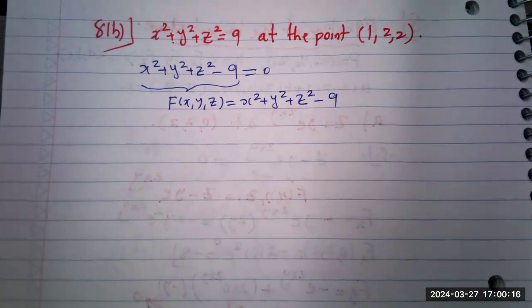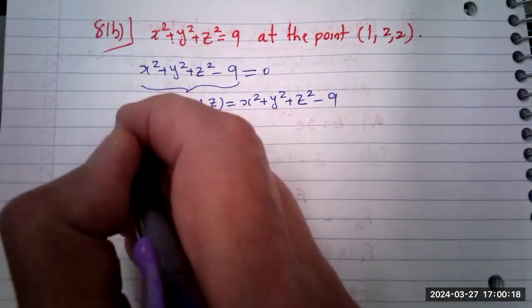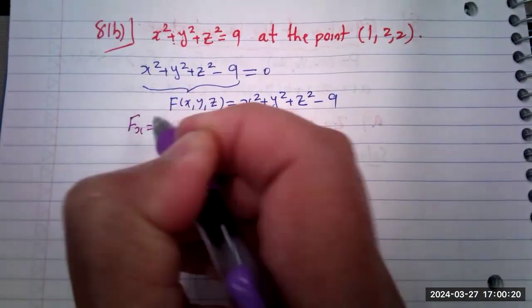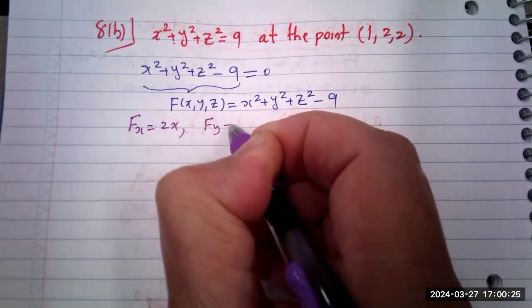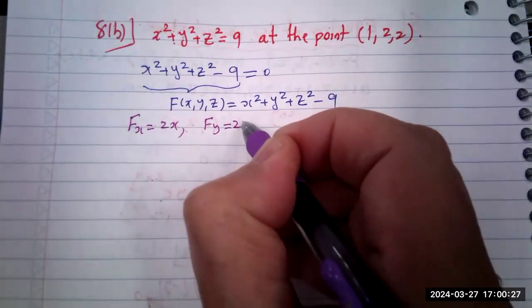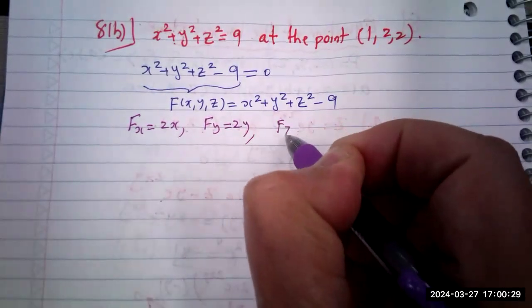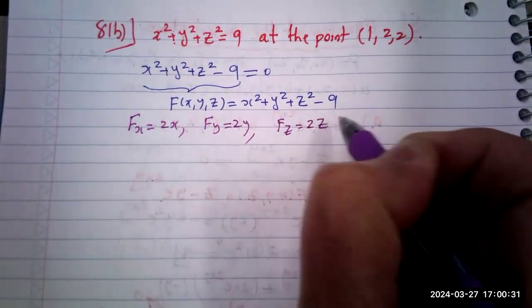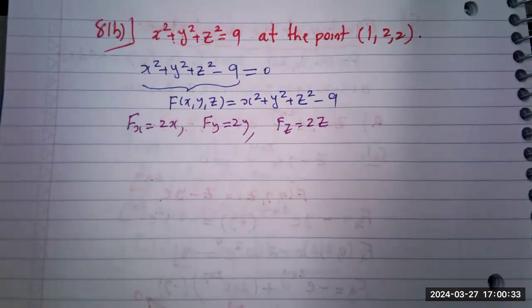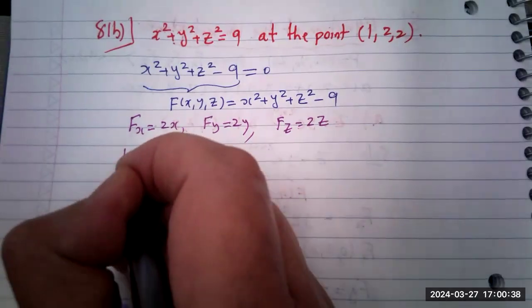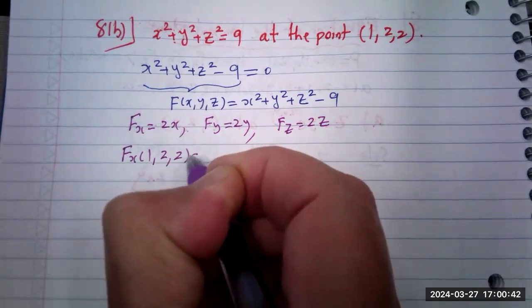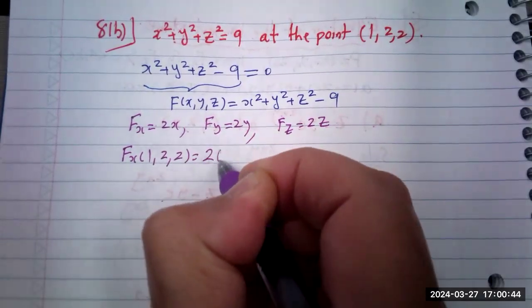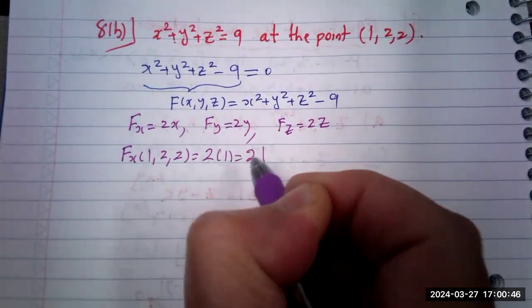Find the partials and evaluate. That's easy because the partial with respect to x would be simply 2x. This is easy. Let's do them at the same time. It's 2y, and f sub z is 2z. Quickly evaluate it at the given point, (1, 2, 2). So f sub x at (1, 2, 2): x is 1, so that gives 2 times 1, which is 2.